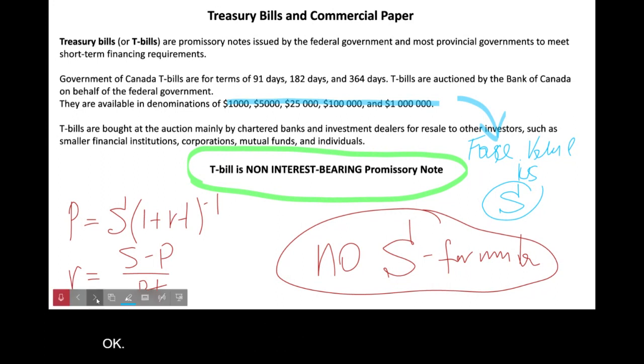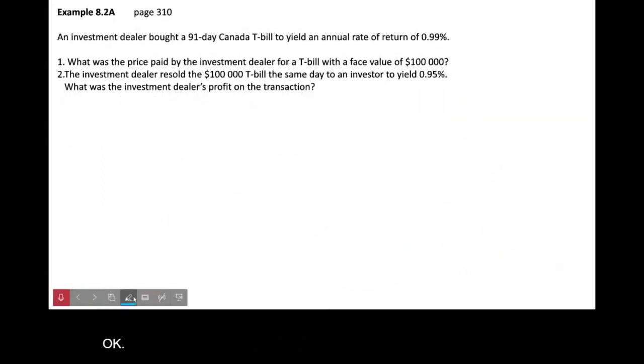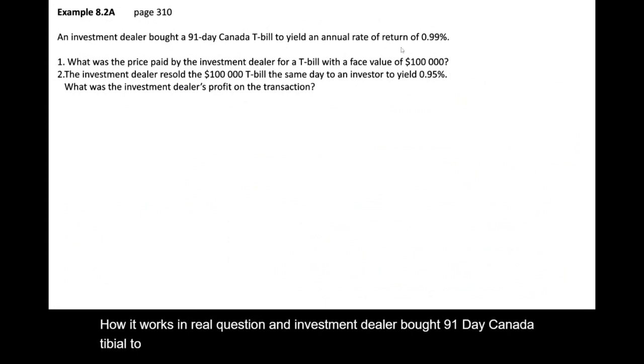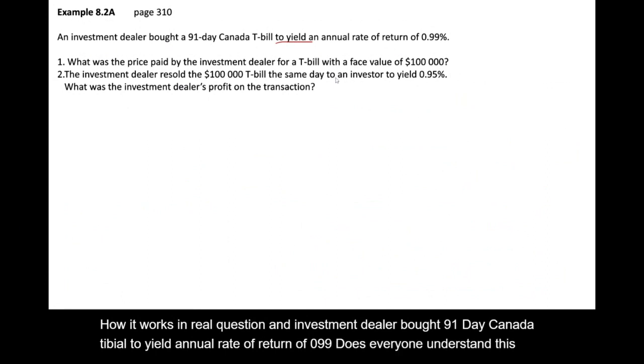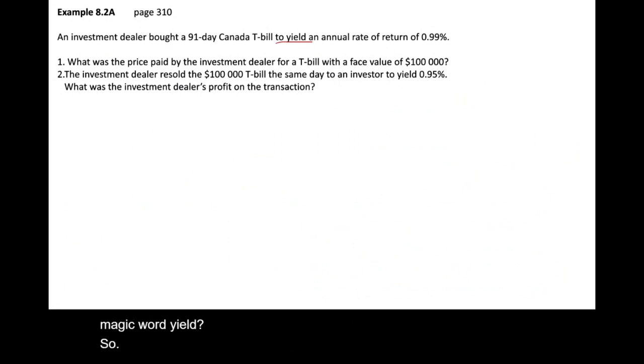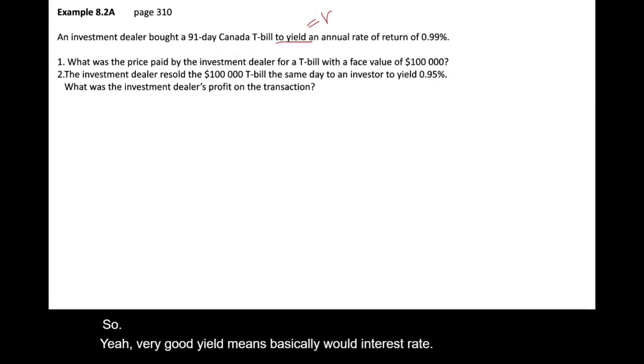Okay. Let's have a look how it works in a real question. An investment dealer bought a 91-day Canada T-bill to yield an annual rate of return of 0.99%. Does everyone understand this magic word yield? Yield means basically interest rate.